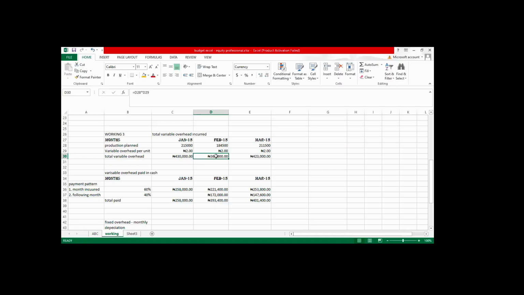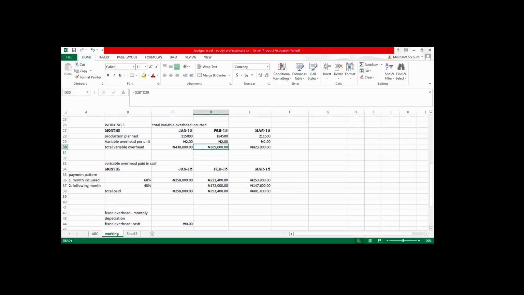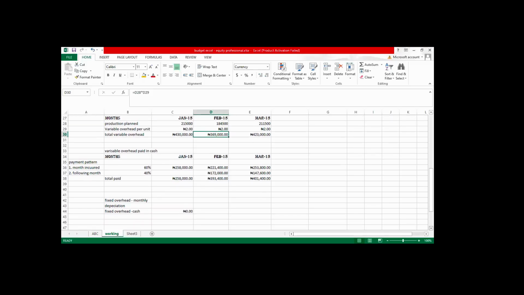Please compute 60% of 369,000. 221,400. That was why we placed it in February. Balance to be paid the following month after February, 40%. If you compute, it's going to give you 147,600.